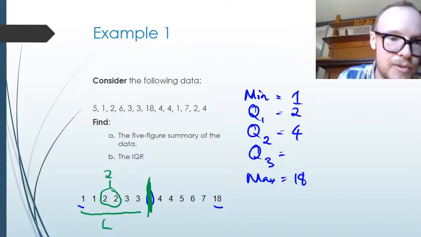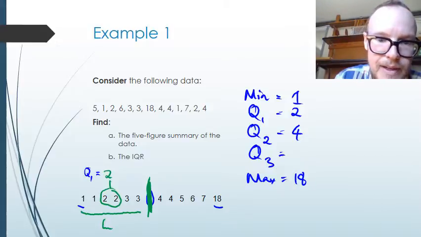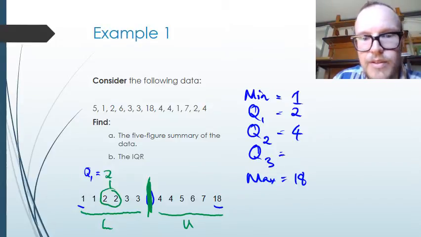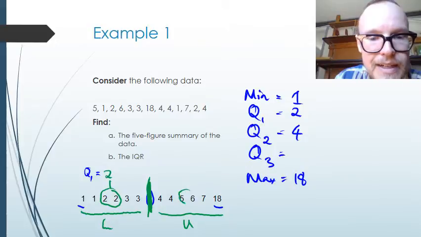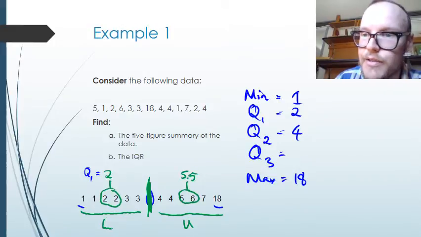Q1 equals 2. If we have a look at our upper half now, because we've split it evenly, we've got 6 values here as well. So our median here is going to be the mean of our 2 middle values, 5 and 6, which is 5.5, and that is our value for Q3.